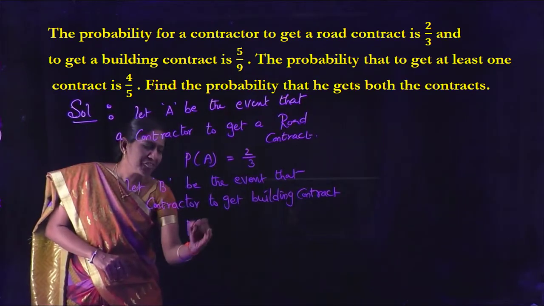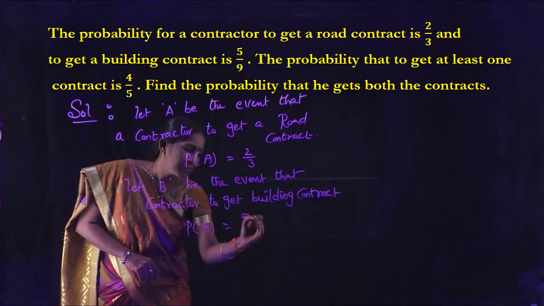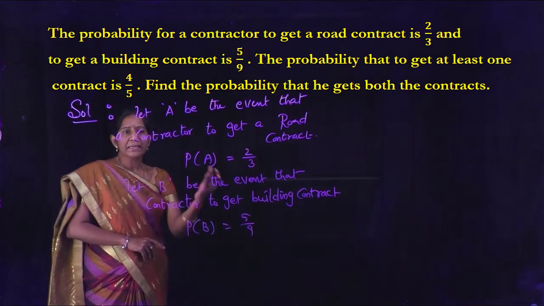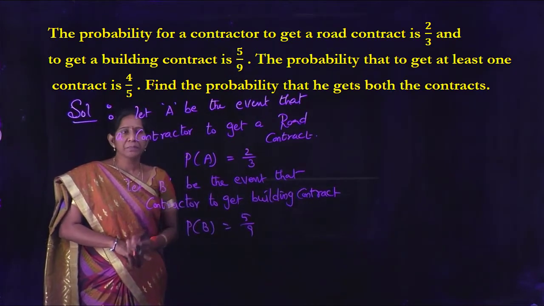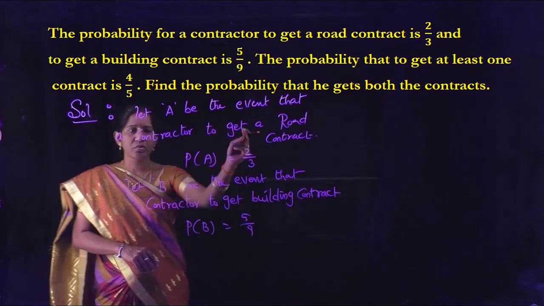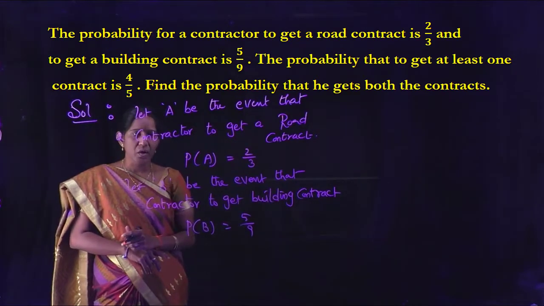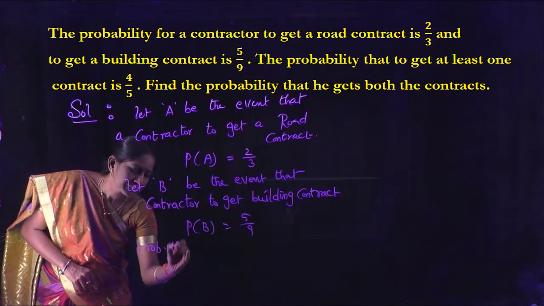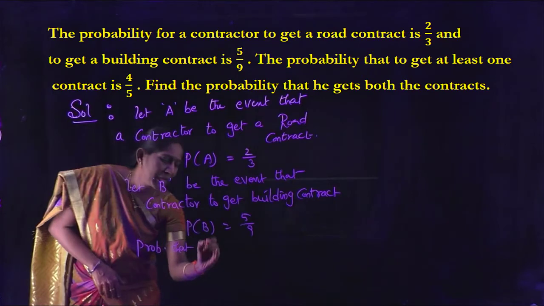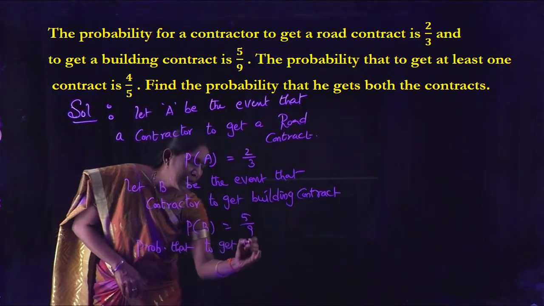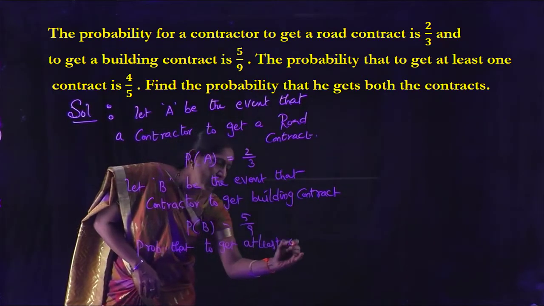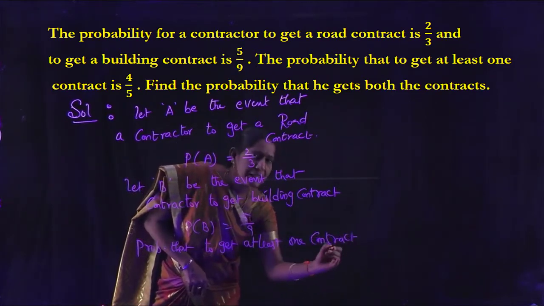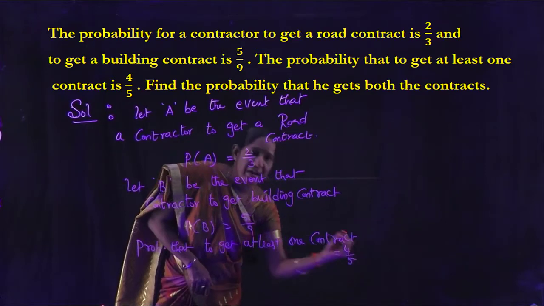So P of B equal to 5 by 9 given. And also to get at least one contract, that means at least one of road contract and building contract. So probability that to get at least one contract is given 4 by 5.